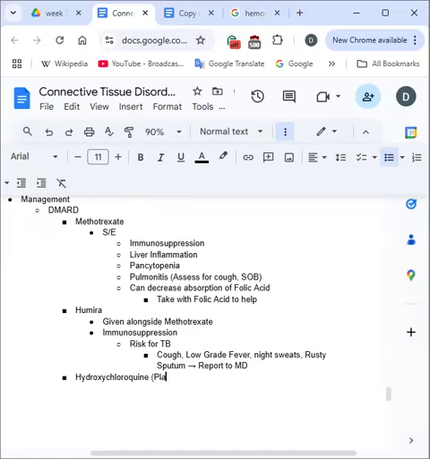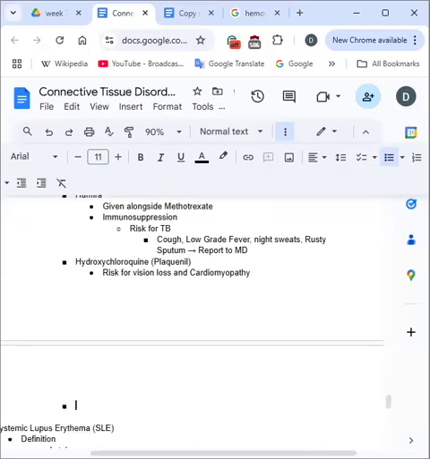Put the brand name next to it in there. This one, just kind of think about it. Risk for vision loss and cardiomyopathy. Don't worry about it too much. Other than that, I wouldn't really worry myself too much about it.